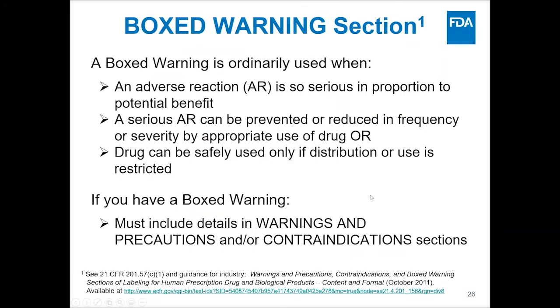Box warning. So according to our guidance, it's ordinarily used when an adverse reaction is so serious in proportion to its potential benefit, if there's a serious adverse reaction that can be prevented or reduced in frequency, if you could do something about it, or if the drug is under restricted distribution, something called a REMS, specifically ETASU, elements to assure safe use.